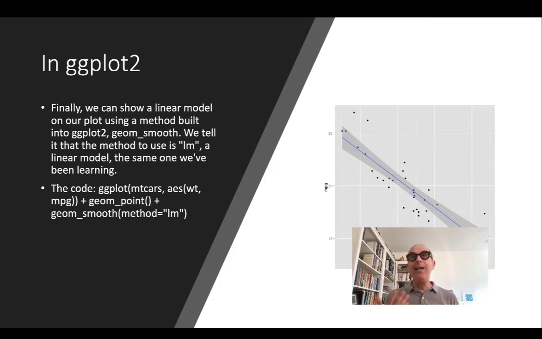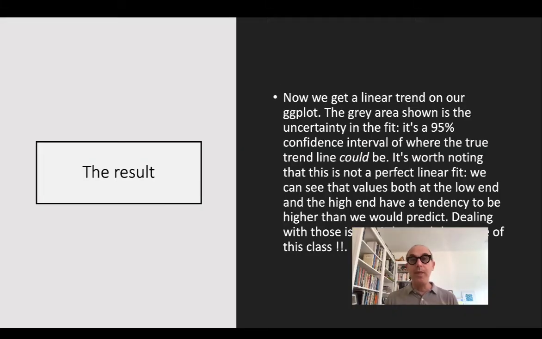Finally, in linear regression, this is the code in ggplot2 in order for us to see it. You have a line, you have the distribution of that particular element, and you see the method and what we are trying to do. The result gives us a linear trend, and the shaded area shows the uncertainty in the fit, a 95% confidence interval of where the line tends to be.